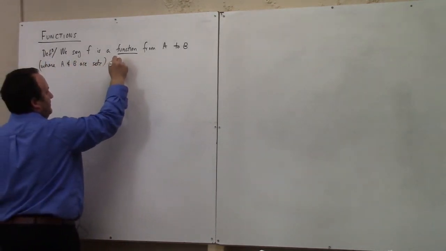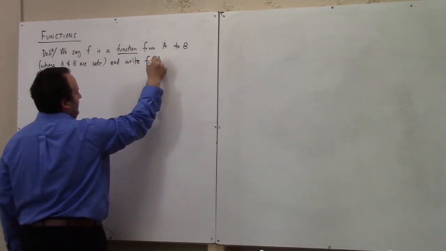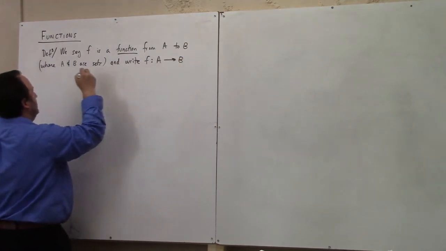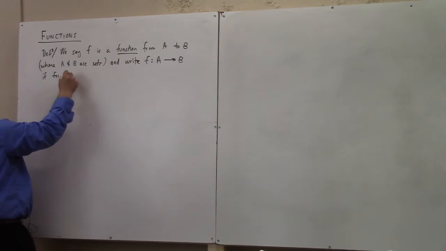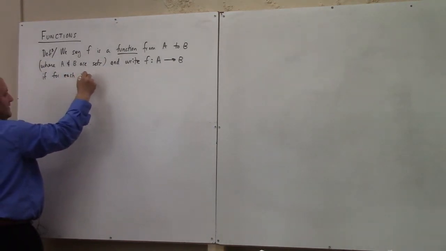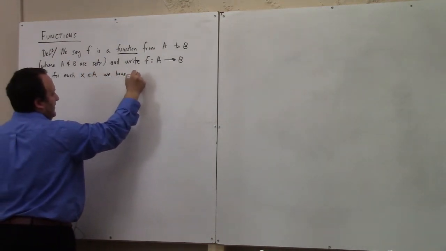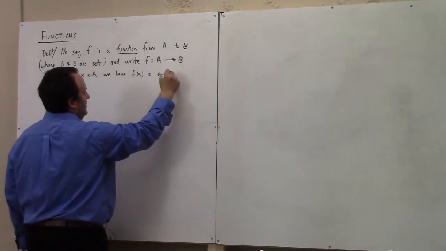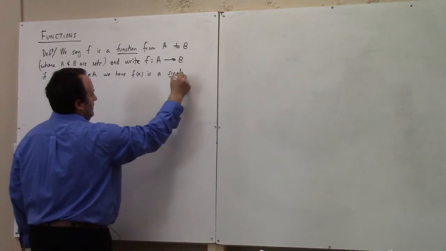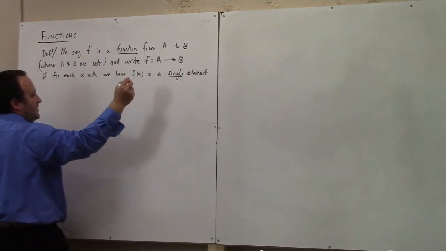And write f: A → B if for each x in A, we have f(x) is a single element in B.